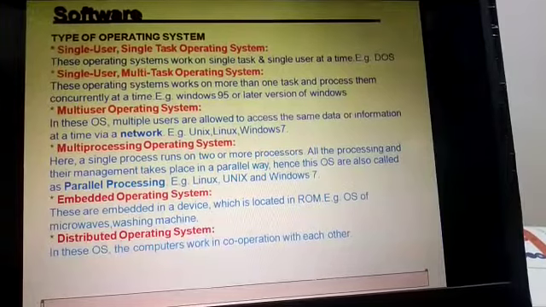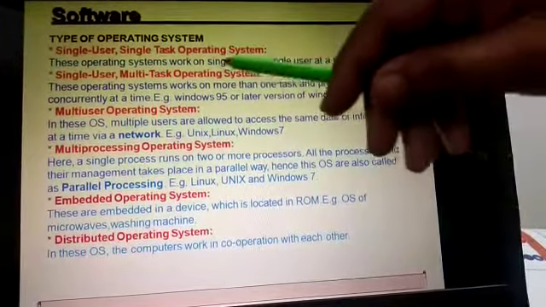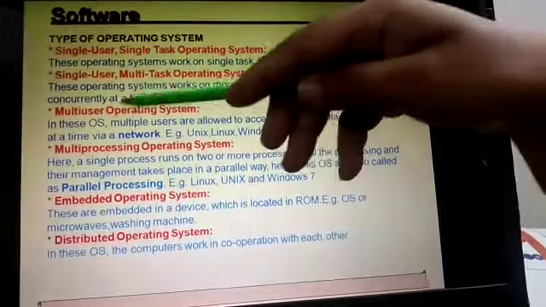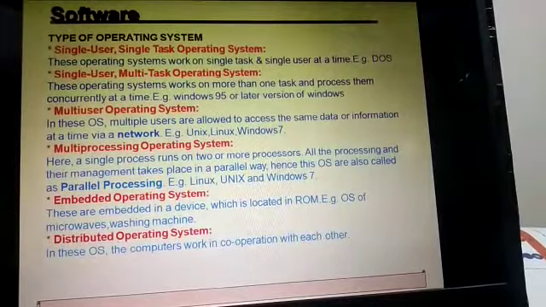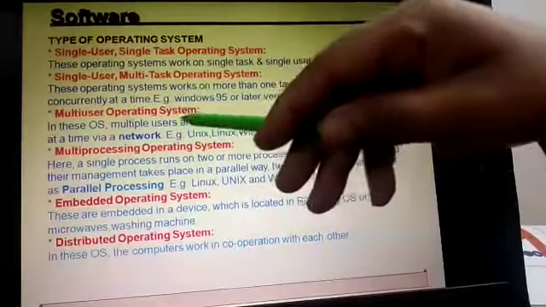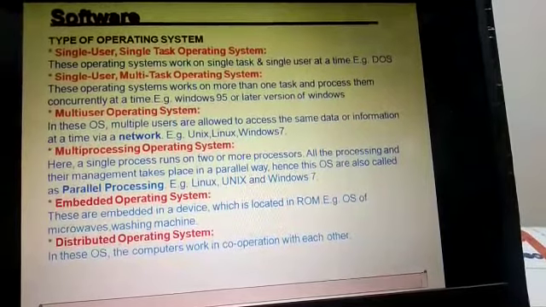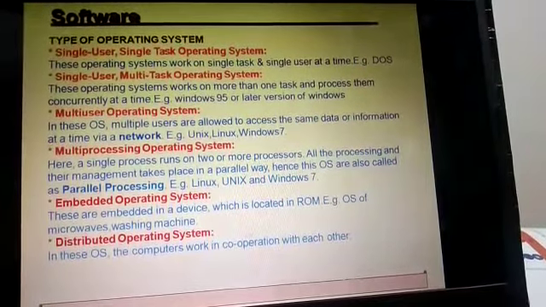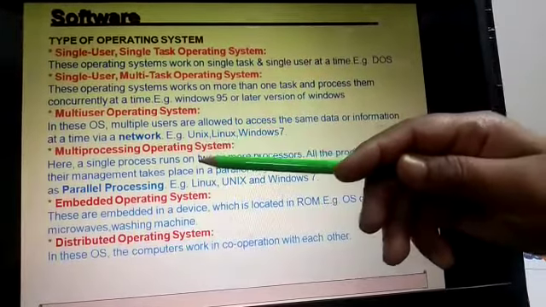If a computer is used by one person but it is performing many operations, we call it a single user multitask operating system. Now what is a multi-user operating system? A machine or computer which is used by many users is called a multi-user operating system.